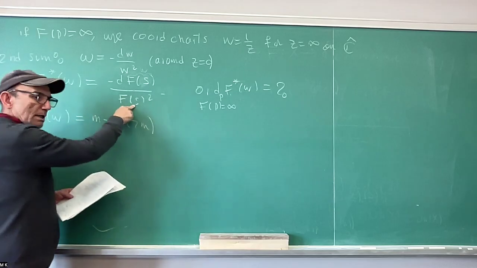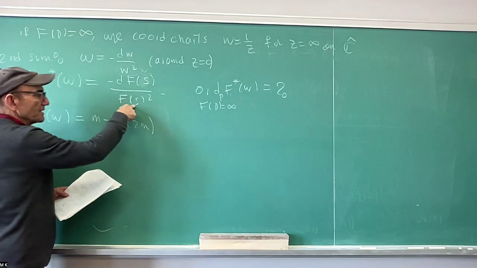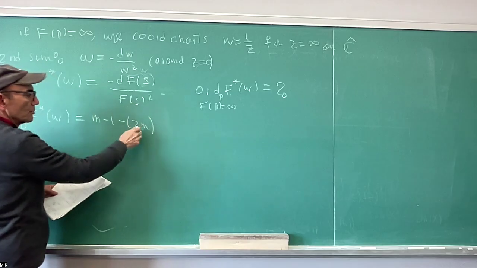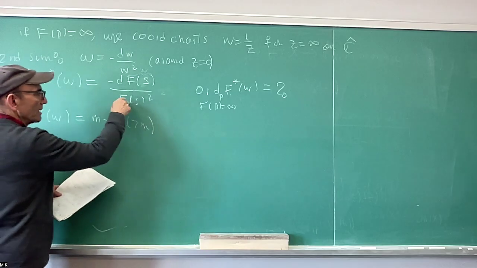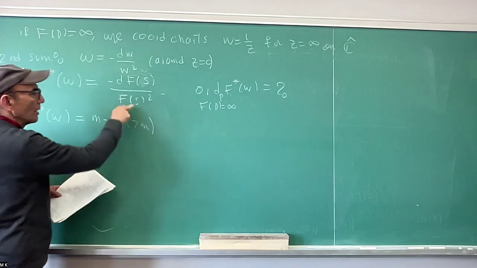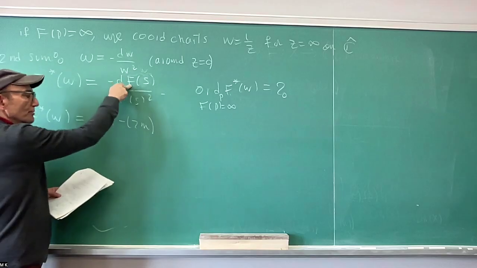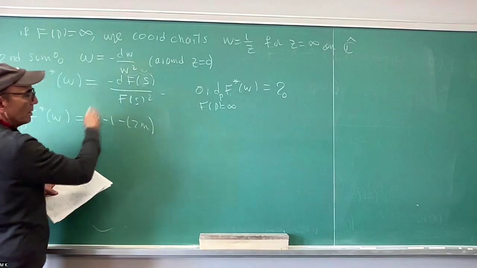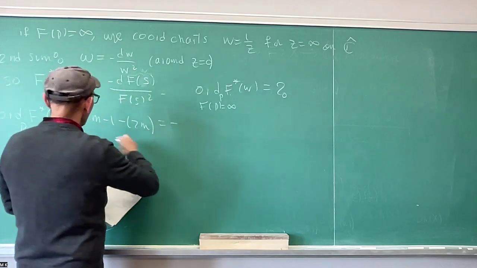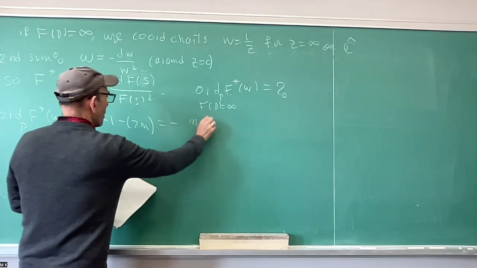This is because the order of f of s is m, so locally it looks like z to the power m, and then f of s squared is z to the power 2m. It's in the denominator, so you subtract. Here, you're taking one derivative, so you subtract by 1. And this is minus m minus 1, I believe.